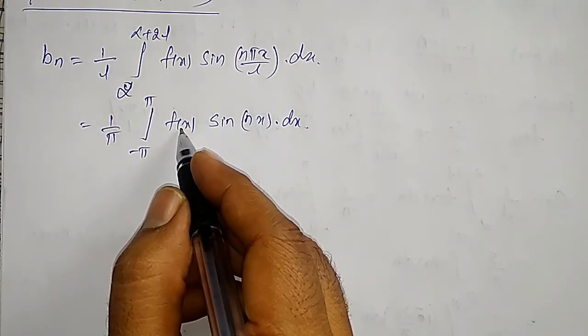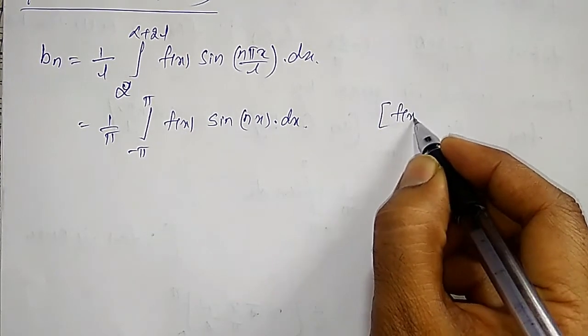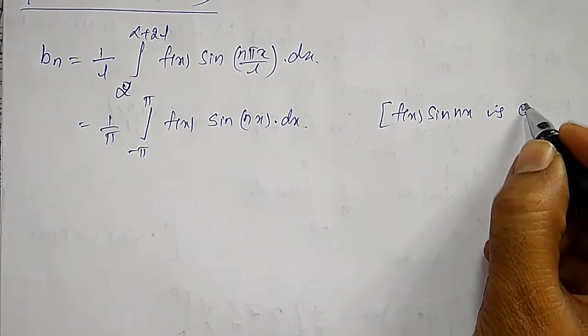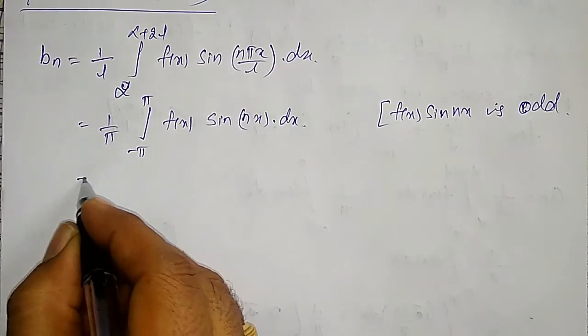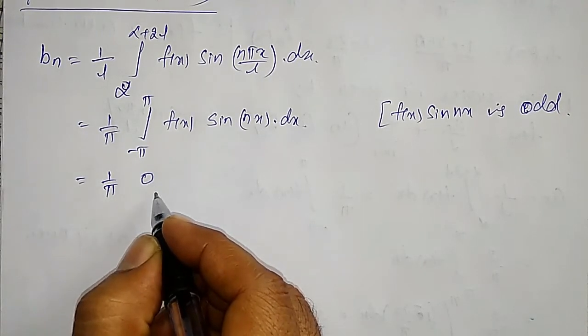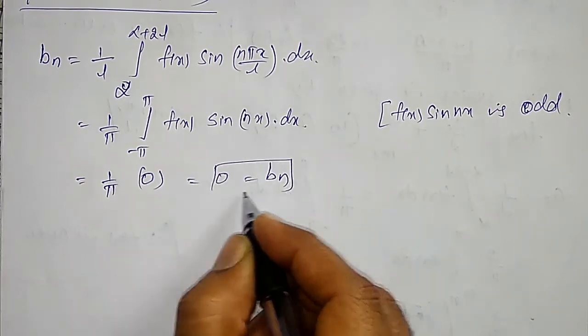But f of x is an even function, even into odd. Here f of x into sin nx is an odd function. Therefore, I can write it as 1 by pi into 0, which is equal to 0. That is, bn value is 0.